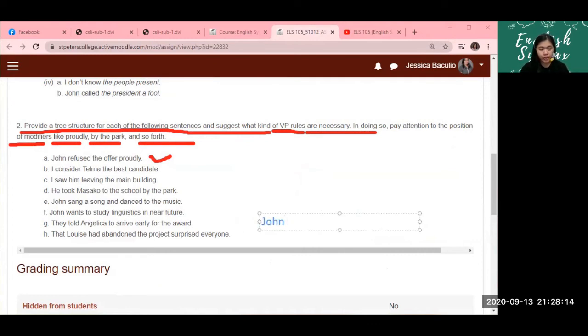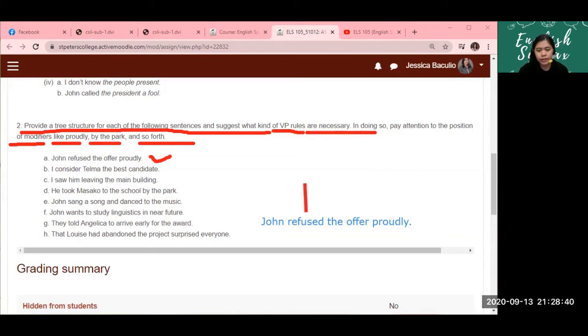John refused the offer proudly. Now let's try to write first the verb phrase. Okay, so this is the verb phrase, I believe.